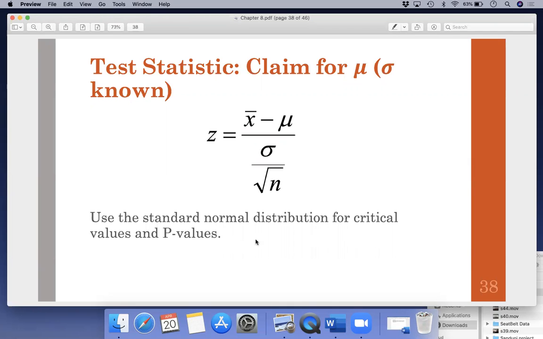You have to do the same thing in this part also. So there are two methods, critical value method and p value method. We can use both methods in this part, when sigma is known. So use the standard normal table to find critical values and corresponding p values.